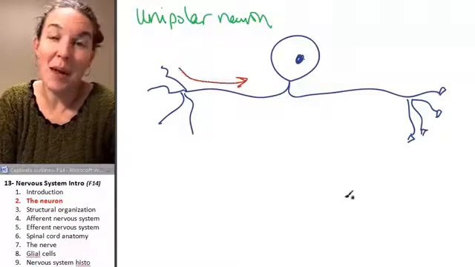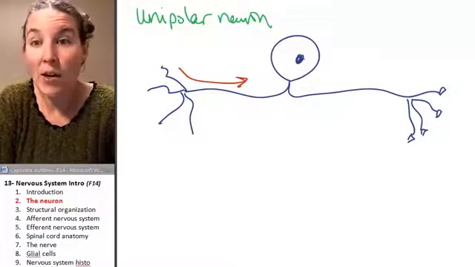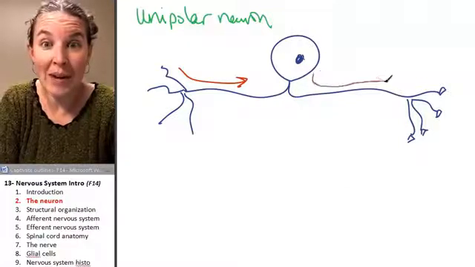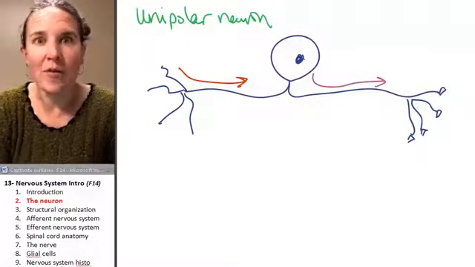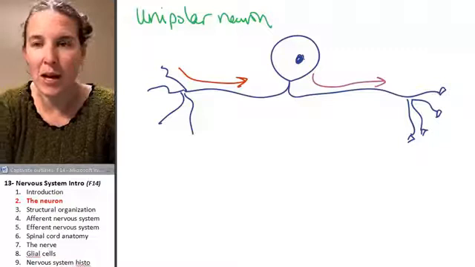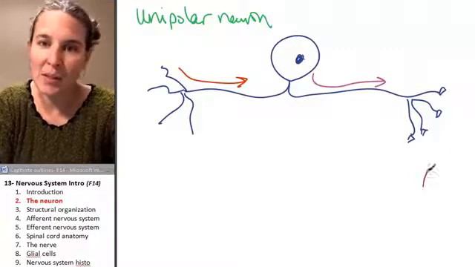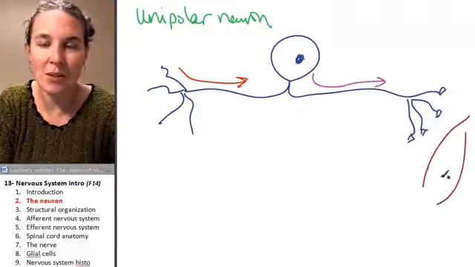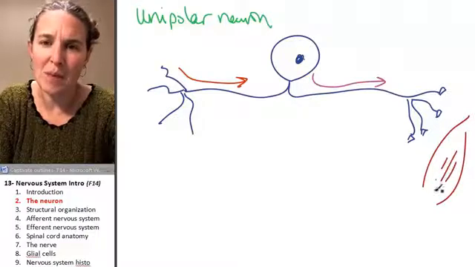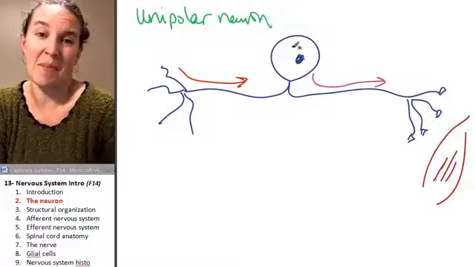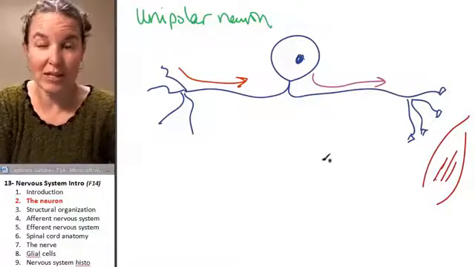Because the information passes toward my cell body. How did I know that this was my axon? Because the information passes away from my cell body to a synapse, which is going to do something, which might be to an effector. Most of the time, this particular type of neuron isn't.